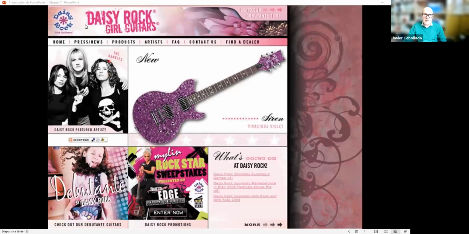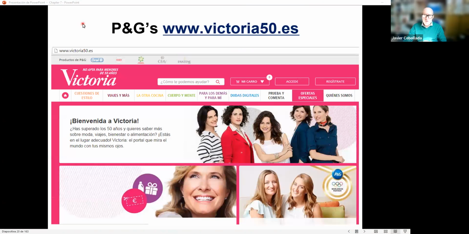We have here an example of a company selling guitars only for girls, for women. So this is a clear example of a company using the gender variable to segment the market and to target the women segment. Or this example of Procter & Gamble, that is targeting women over their 50s with this site.